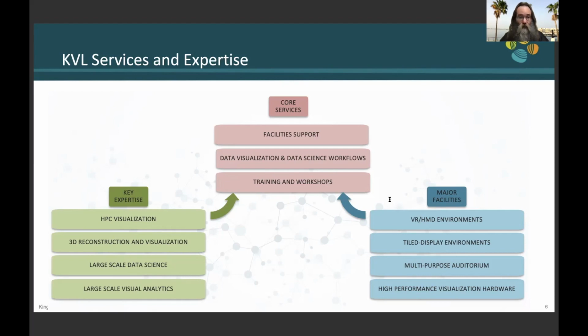So that's what we support. But we also work on projects with data visualization and data science workflows. And we provide trainings and workshops, and this one is one of them. And in order to do that, in our group, we have expertise in HPC visualization, 3D reconstruction and visualization, large-scale data science, and large-scale visual analytics.